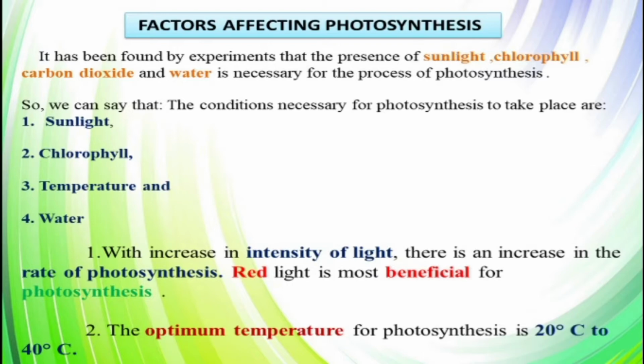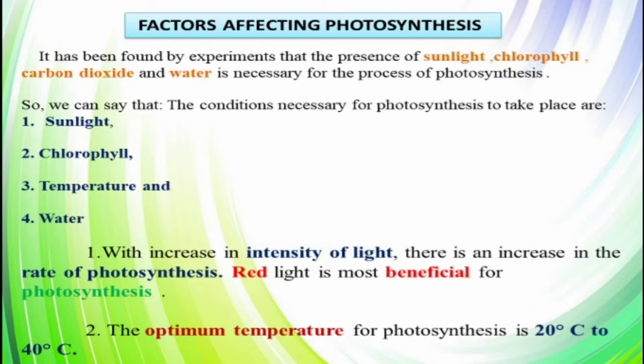The optimum temperature for photosynthesis is 20 degrees Celsius to 40 degrees Celsius. Between these two temperatures, it is good for the process of photosynthesis with the help of these components: sunlight, chlorophyll, carbon dioxide, and water.